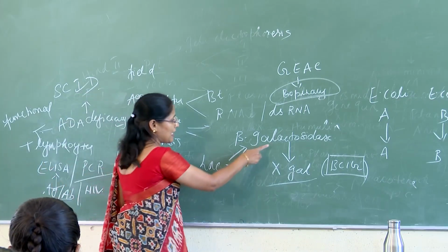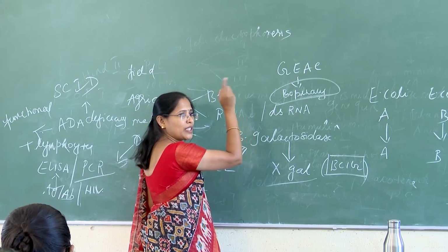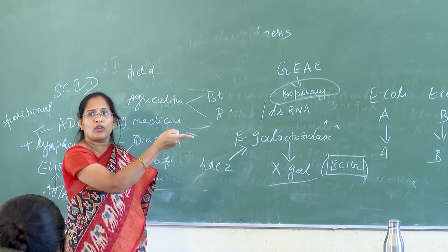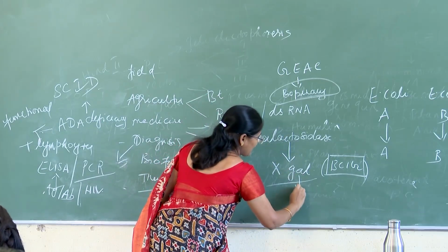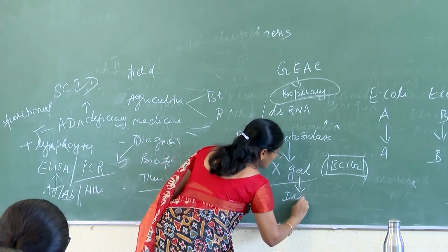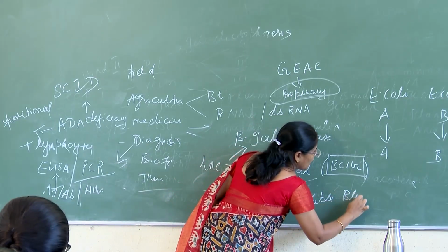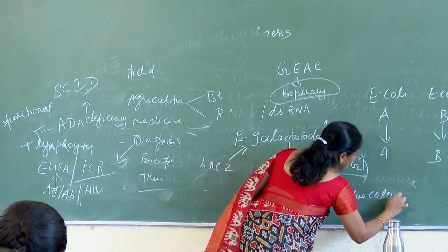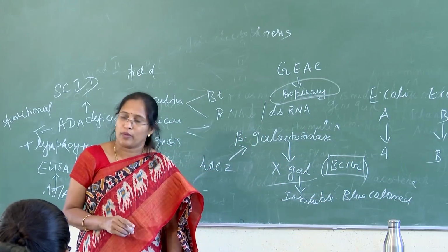Whenever the gene is there, the enzyme is produced. Yes or no? Yes. And the enzyme will act on X-gal. Then X-gal splits and produces an insoluble blue colored compound.